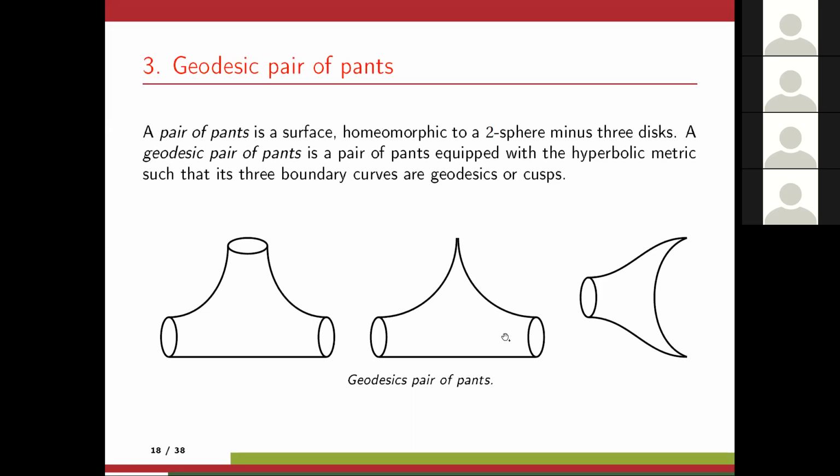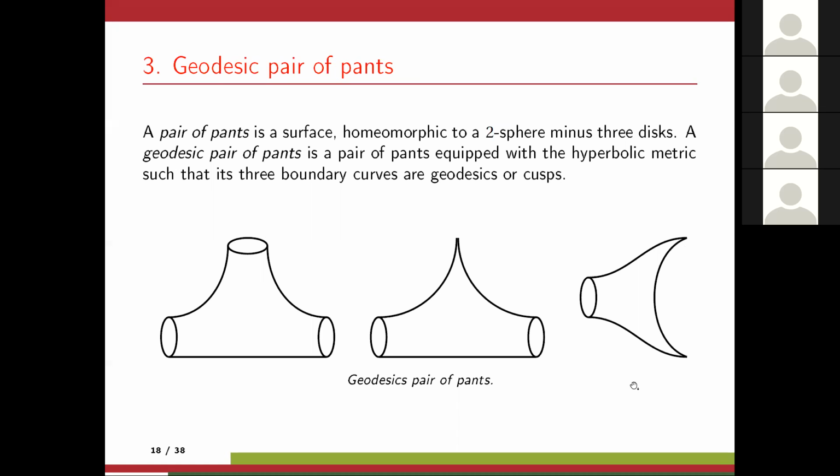In the middle, a geodesic pair of pants having 2 geodesics in the boundary and only 1 puncture, or cusp. And the last one, on the right, has 1 geodesic in its boundary and 2 cusps or punctures in the boundary.